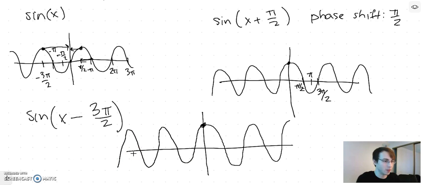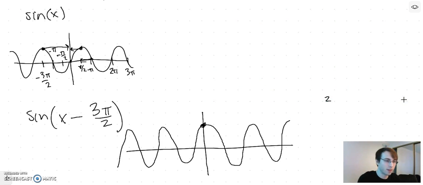So let's do one more. Let's do sine of x minus pi over 4. Originally at pi over 4, we are at negative pi over 4, we're here.